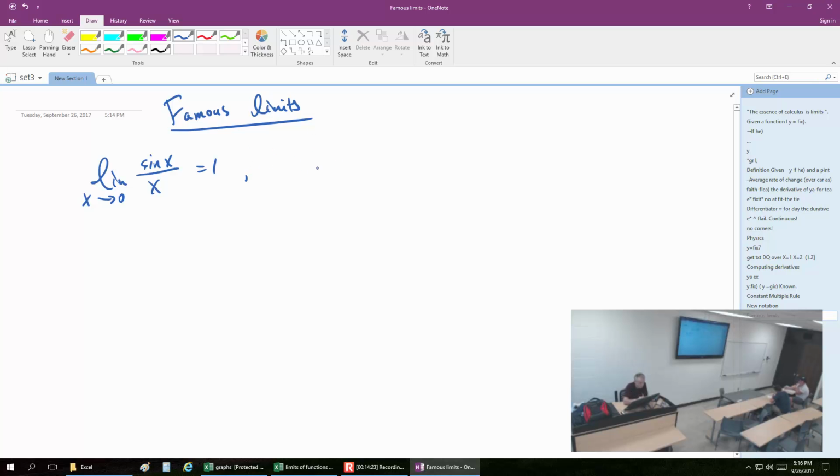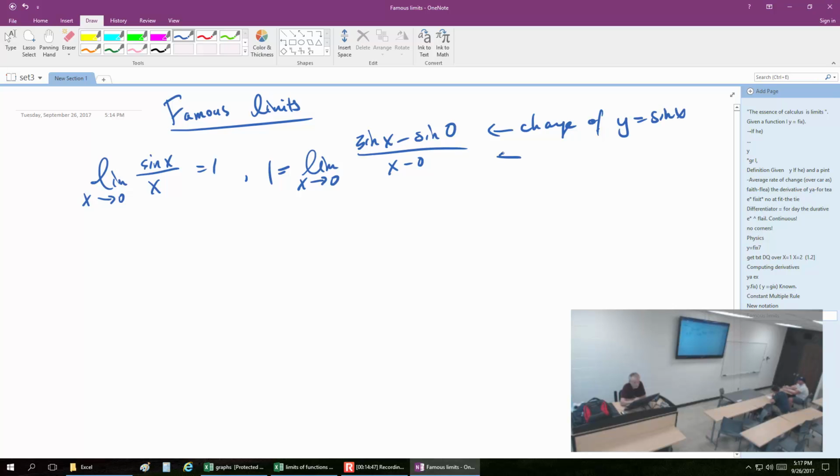It could in fact be rewritten as the limit of sine x minus sine 0 over x minus 0. Because sine of 0 is 0, we realize that sine x is the change of y, and the denominator is the change of x. Okay, so it is the derivative.